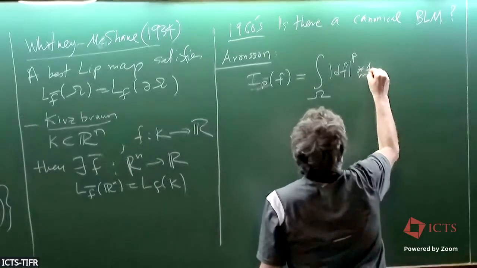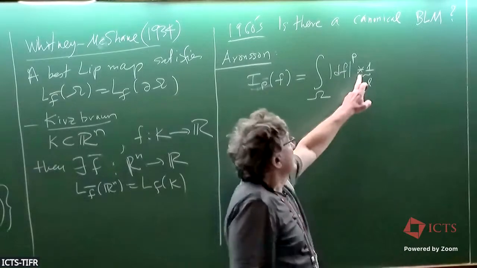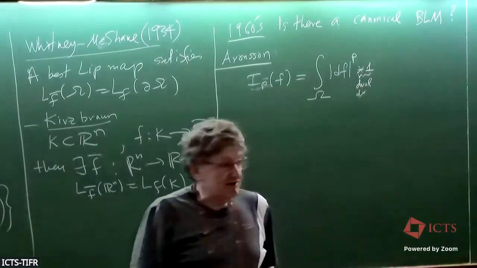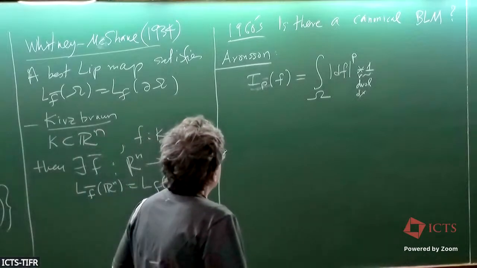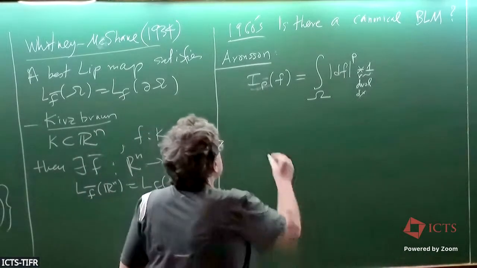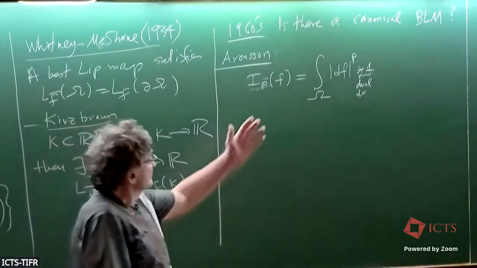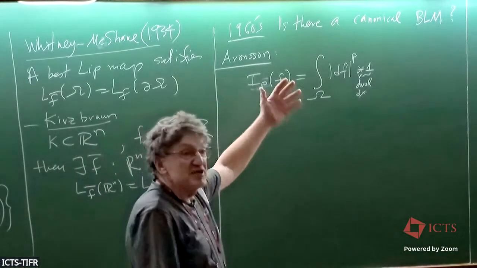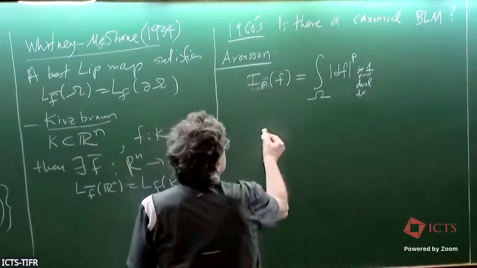This is what's sometimes called d volume, or sometimes dx. This is the Hodge star of 1, that's the volume form. So we take this action here, and first of all, we could try to minimize this. Okay, so we can minimize this.